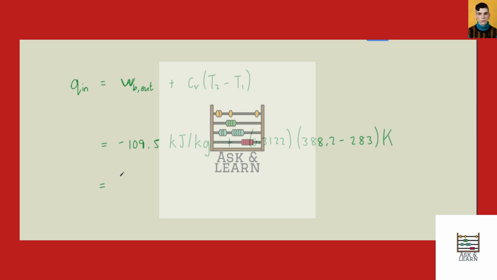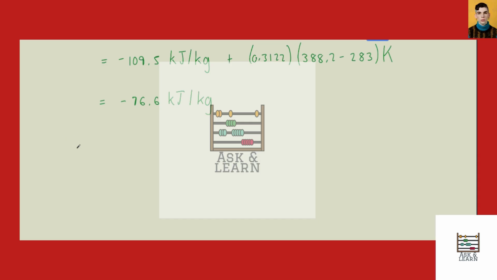So we get the heat energy in per unit mass to be minus 76.6 kilojoules per kg. And so that means that since this value is negative, the heat transfer is out of the system. And so this heat transfer is 76.6 kilojoule per kg.